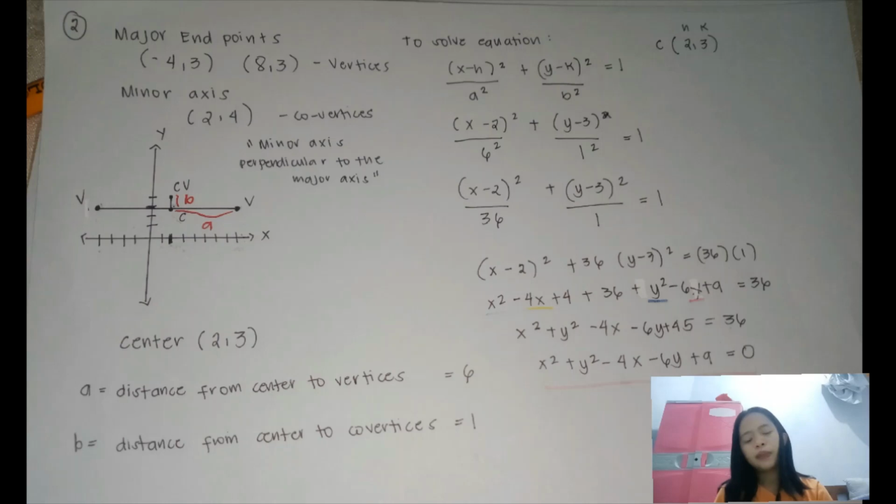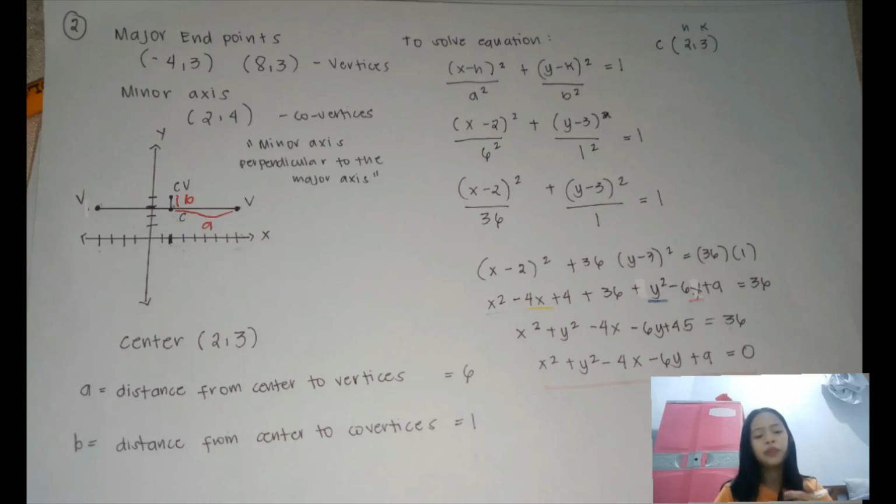So we need to simplify our denominator. 6 squared is 36. And 1 squared, giving us 1. So, the equation is x minus 2 squared over 36 plus y minus 3 squared over 1 is equal to 1.